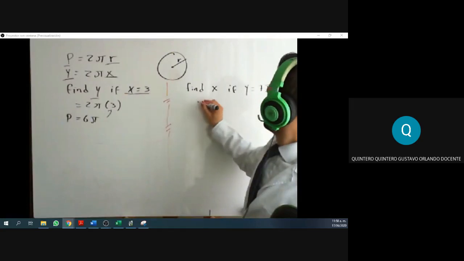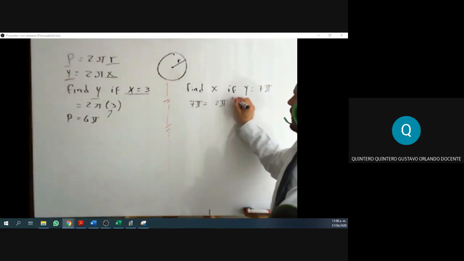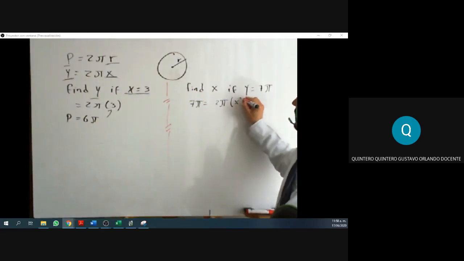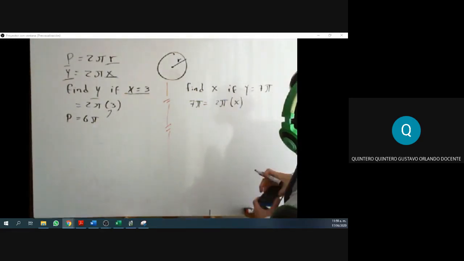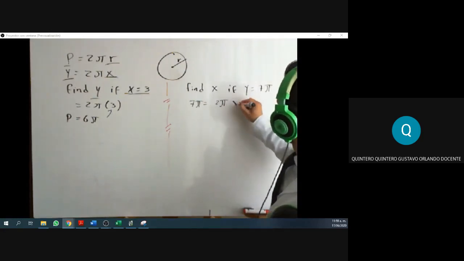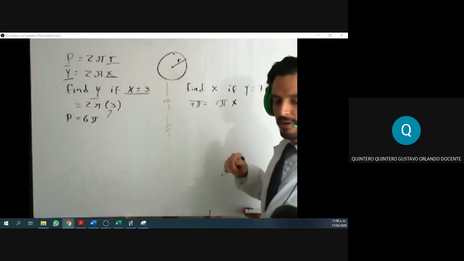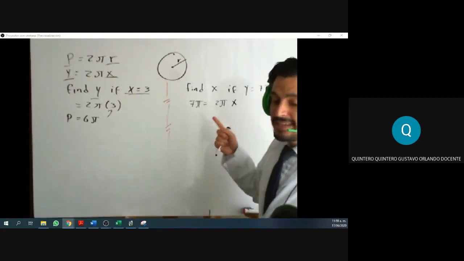We just replace in the formula. This is 7 pi equals 2 pi times x, right? Let's write down the parentheses. From here, you have to isolate the variable x. This is not using the function properly.